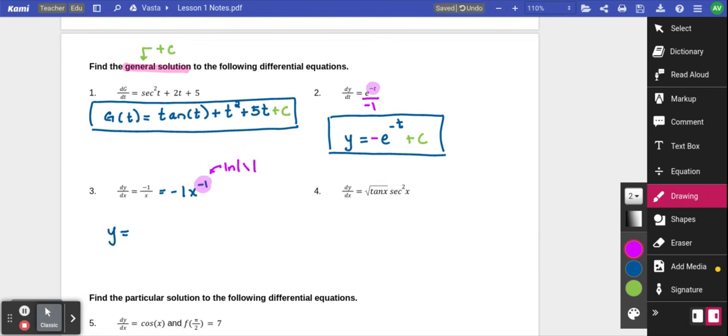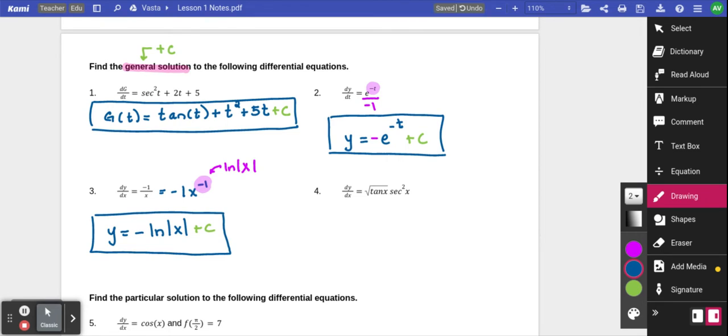In this case, that would be x. So my antiderivative here would be negative the natural log of the absolute value of x. And at the end, I'm going to put a plus c in order to make sure that this is the general solution. I know I can stop there. I don't need to actually find the c value.